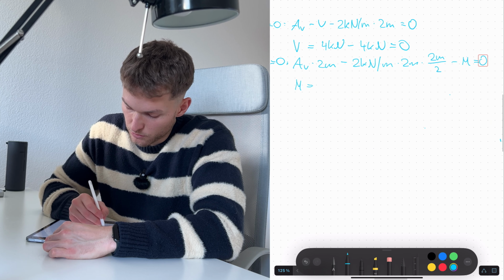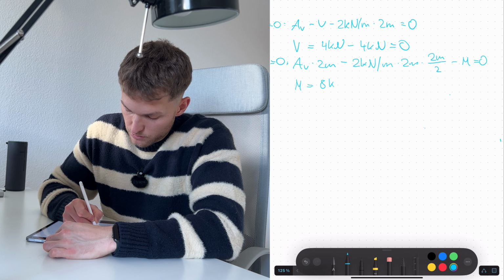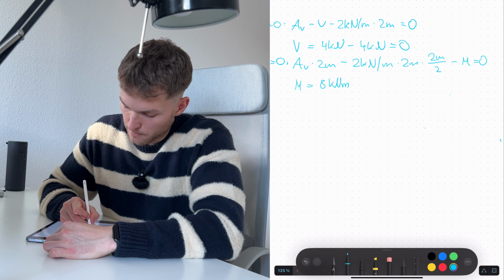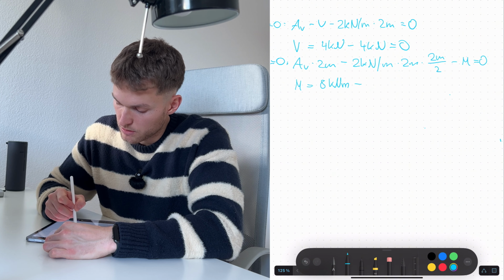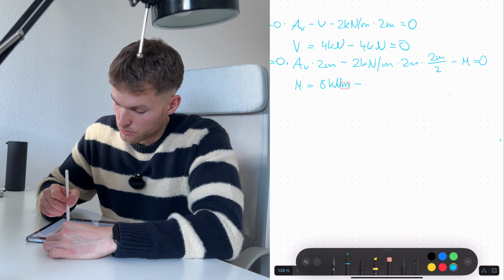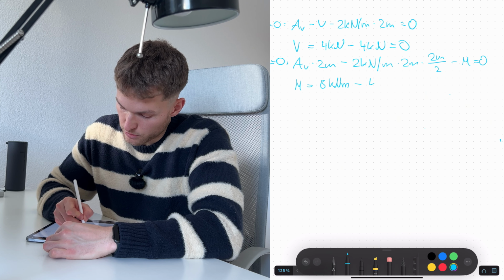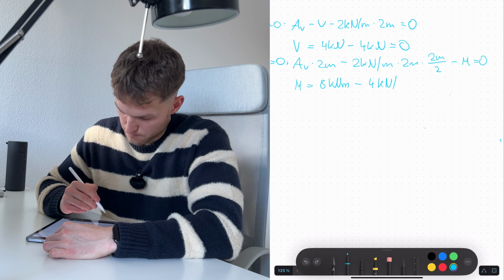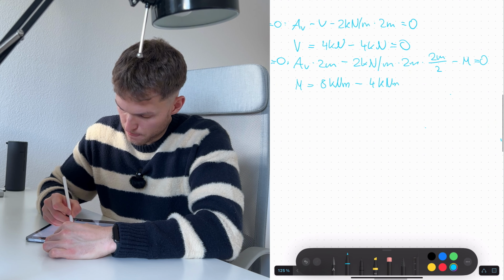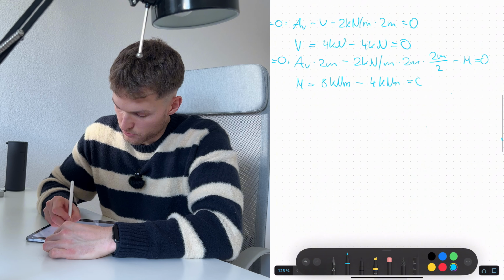AV is 4 kilonewton times 2 meter is 8 kilonewton meter, minus 2 kilonewton per meter times 2 meter times 2 times 1 meter equals 4 kilonewton meter. 2 times 2 is 4, yes, equals 0.